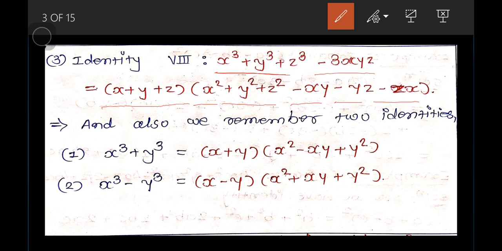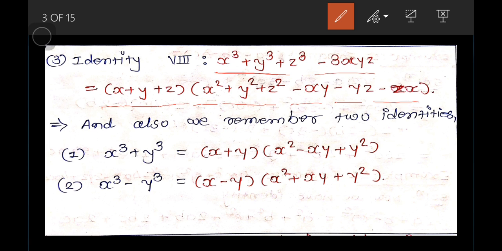Remember that in part number 12, there were quadratic identities given, that is (x + y + z) whole square is equal to x square plus y square plus z square plus 2xy plus 2yz plus 2zx.